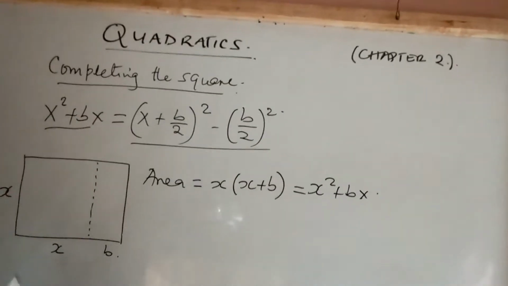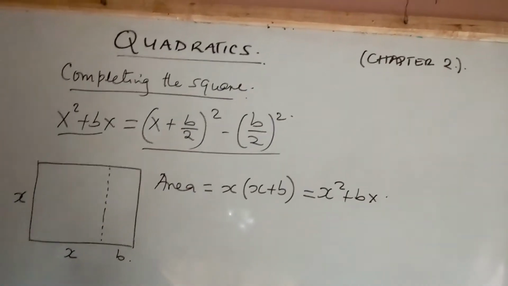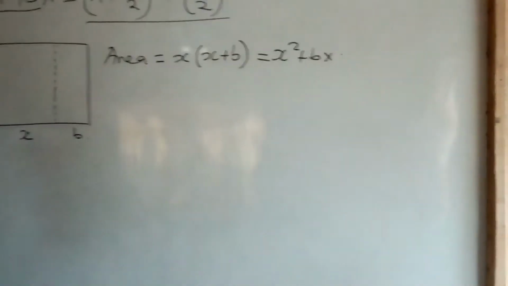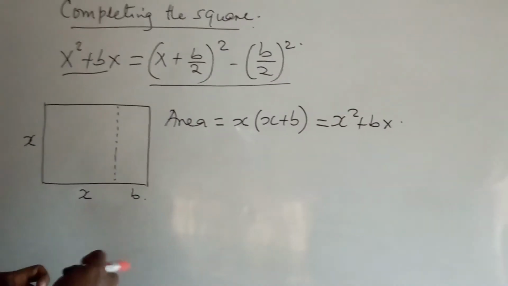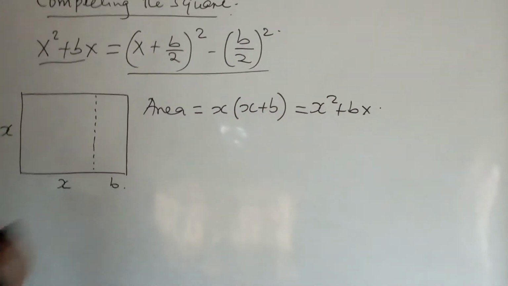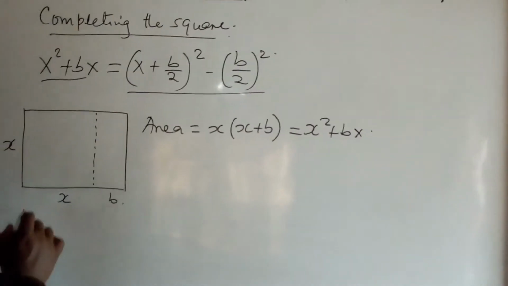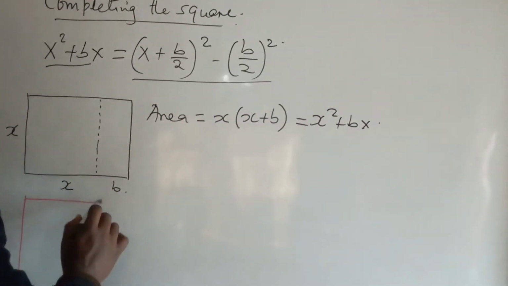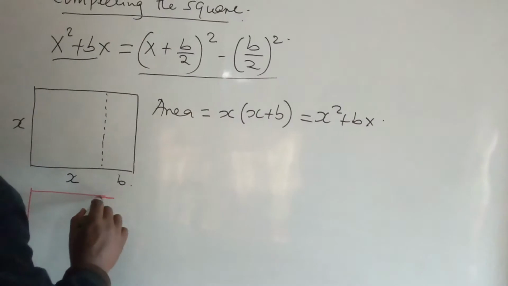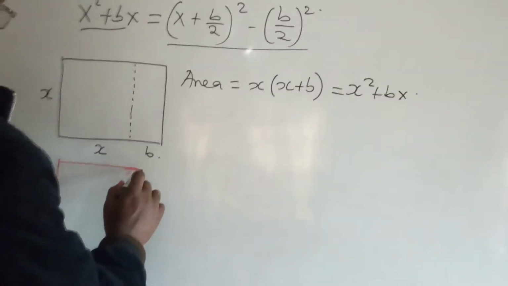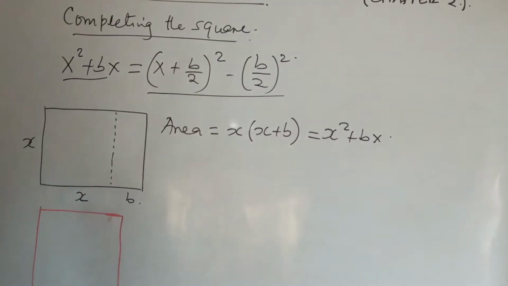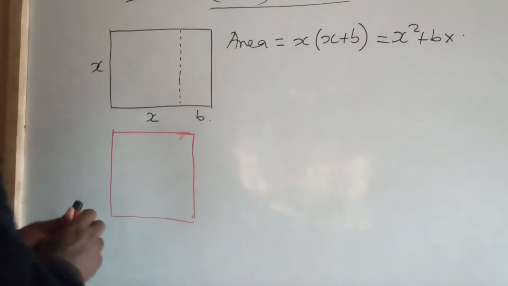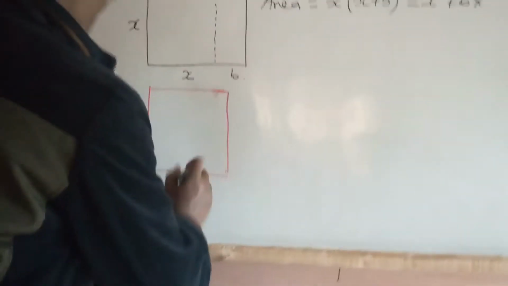If we want to rearrange this rectangle, let's see what happens here. We may wish to have it as a square, and at that particular point this side is x.